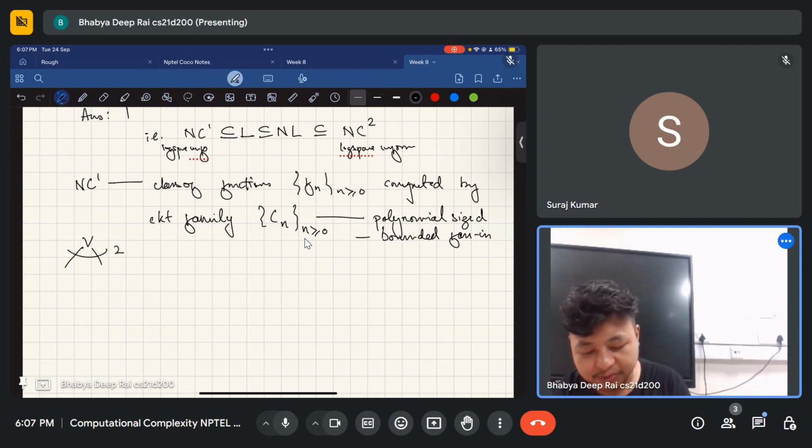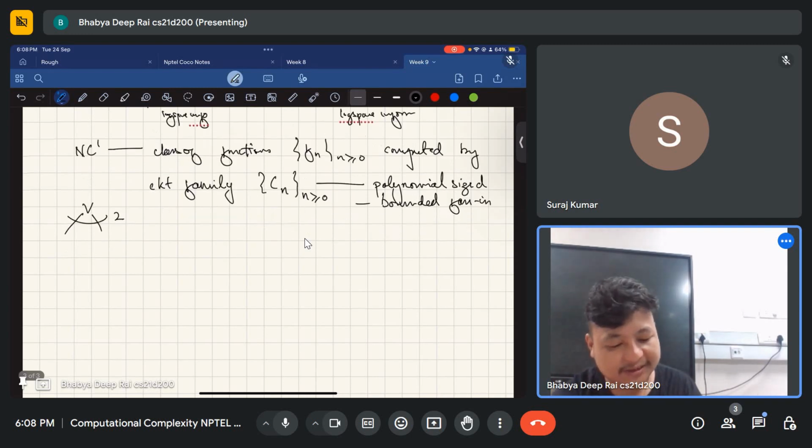So it may be 2 or 3 or 4, but it needs to be constant for every gate. Without loss of generality, we assume it's 2, because with a constant blow-up, we can simulate any bounded fan-in circuit with a fan-in 2 circuit.